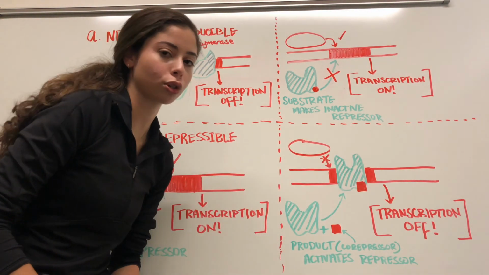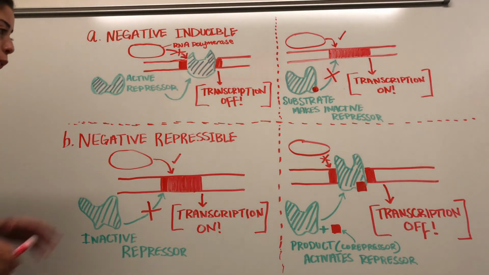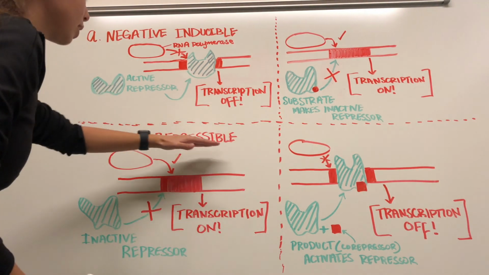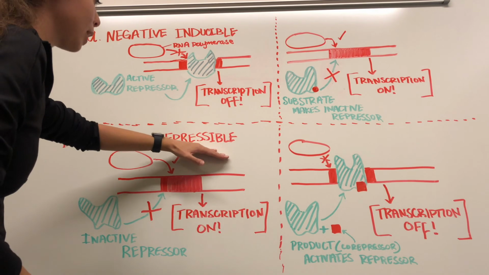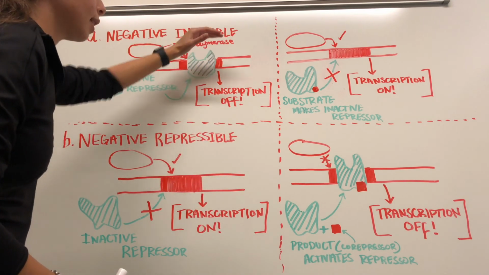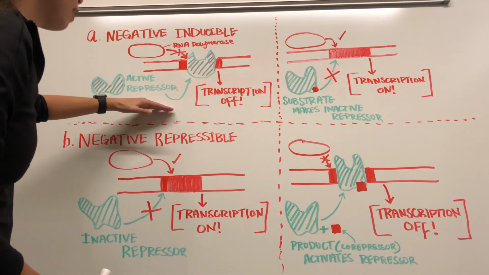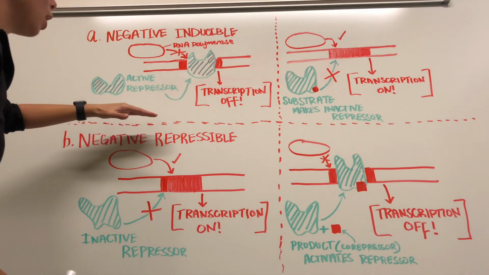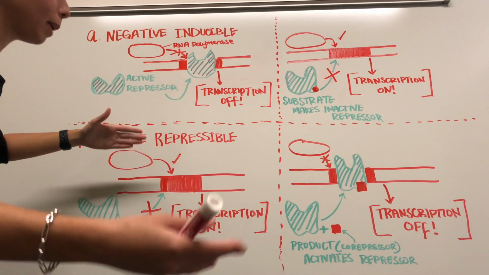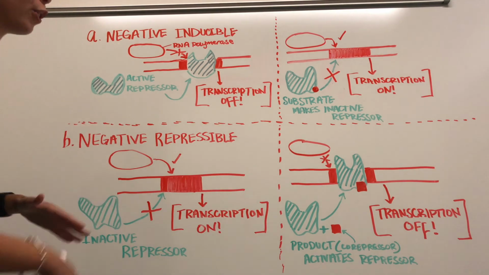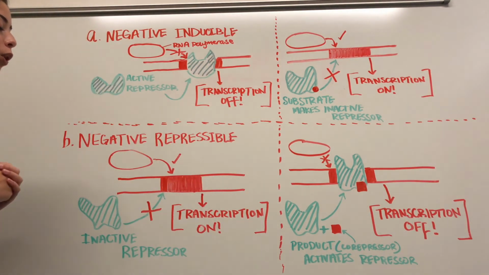And so transcription is turned off. Really it's as simple as that. You just need to keep clear what repressible means and what inducible means, and see where to go from there based on what other molecules are present in the environment, such as a repressor or an activator. But that's pretty much all I have for the whiteboard.